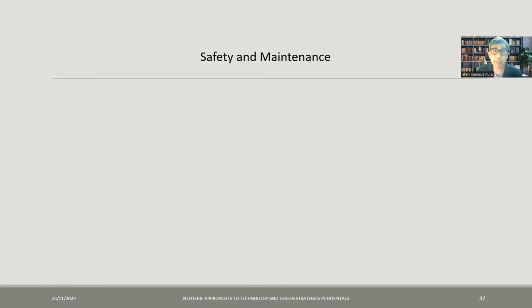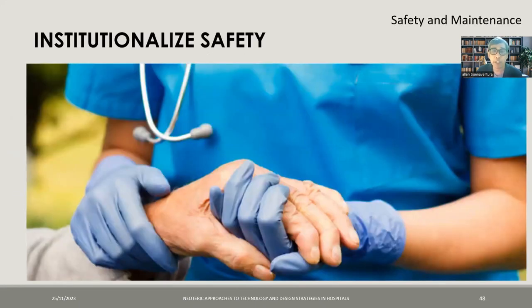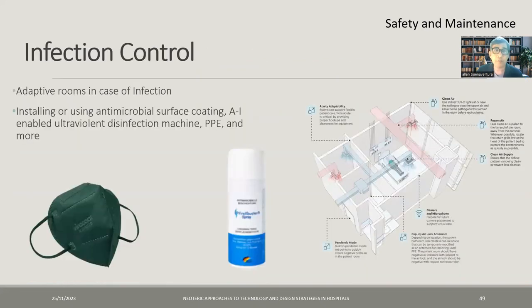For safety and maintenance, safety will be the highest priority in healthcare facilities to provide a safe, reliable place to receive care. Additional steps from the standard rigorous infection control measures ensure the facility remains a safe place for the users to confidently receive care.